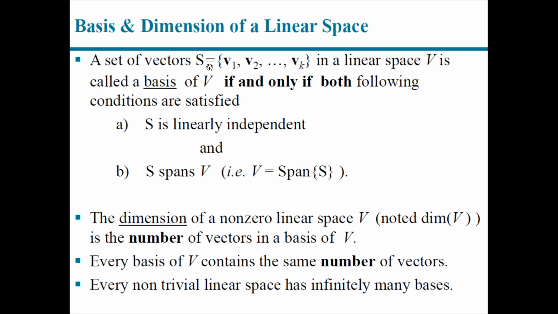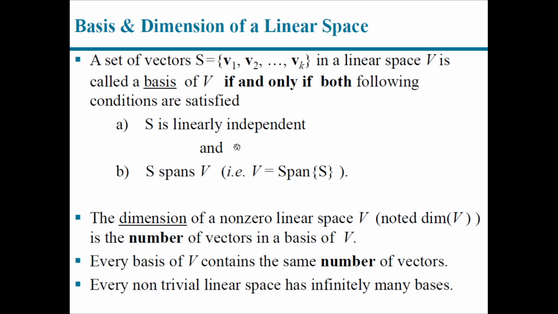We say that a set of vectors in a linear space, so vectors v1, v2, ..., vk, is a basis for a linear space if and only if both of the following conditions are satisfied. So first thing, all the vectors in the set S are linearly independent.